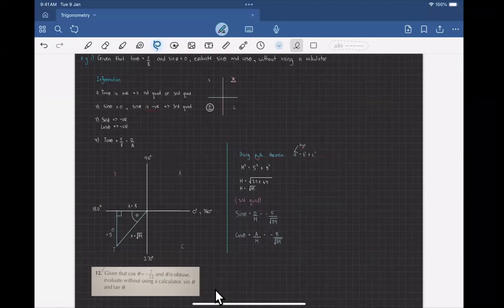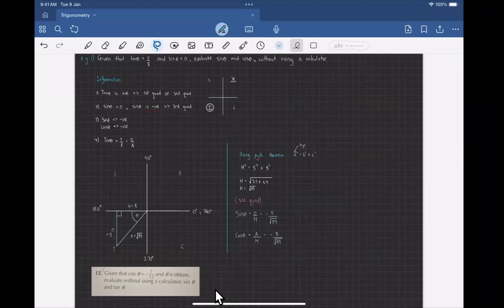Nicholas, again, with question 12? Where did you draw your triangle, in which quadrant? Second quadrant. What does obtuse mean? Obtuse is more than 90 but less than 180. Right.